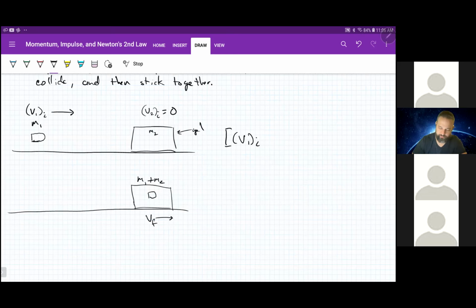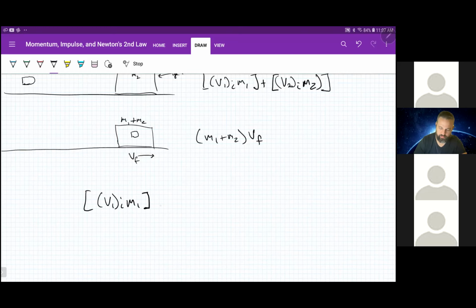And so our equation would look like: V1I times M1 plus V2I times M2 equals M1 plus M2 times VF.